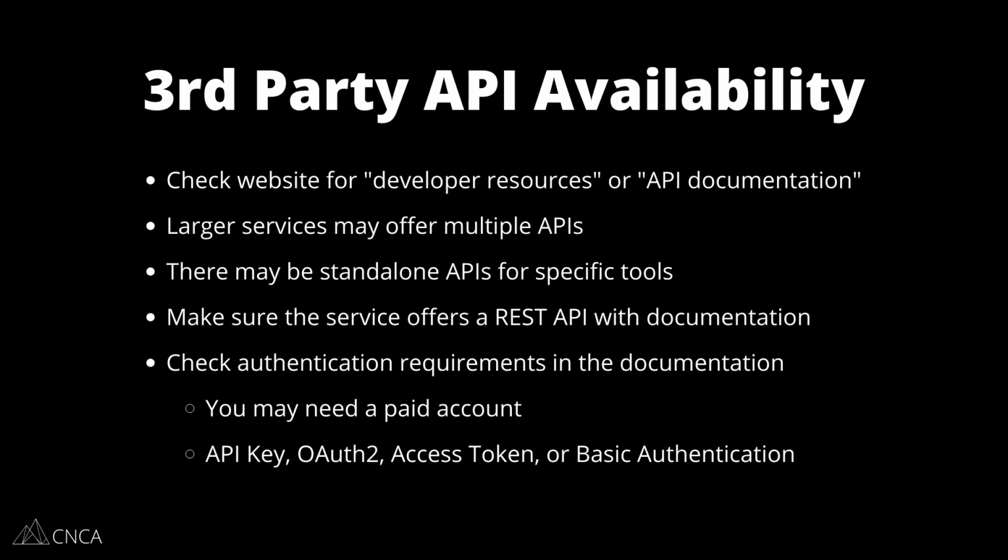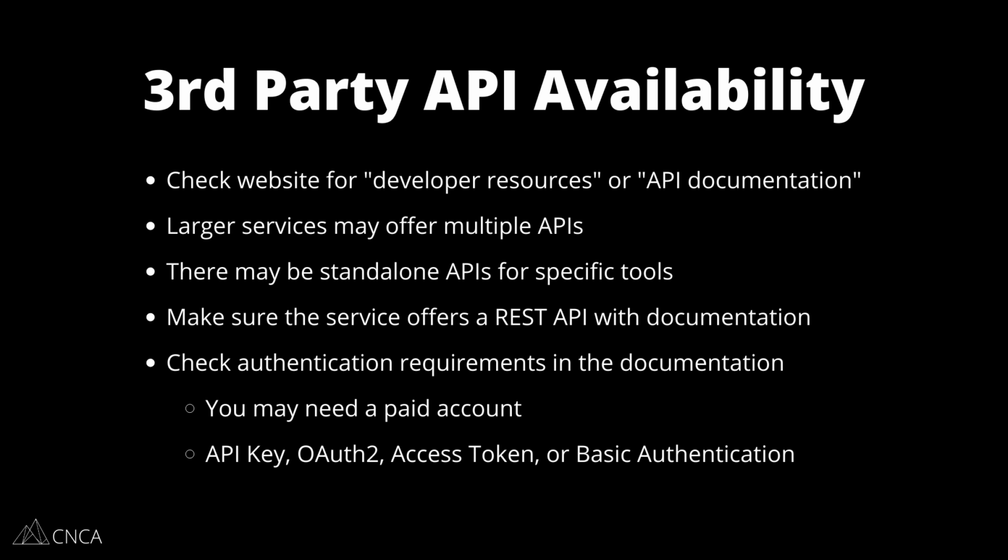So when you get to the point of configuring this in your Bubble app, you're going to make a request for every single interaction, whether it's a request for data from the third-party service or a request to trigger an action, trigger an event of some sort. Typically, you need to authorize these requests. There's a lot of APIs that are free and open, but most of the time you'll need to have some sort of password or an identifier so that that third party knows that you are allowed to make this request.